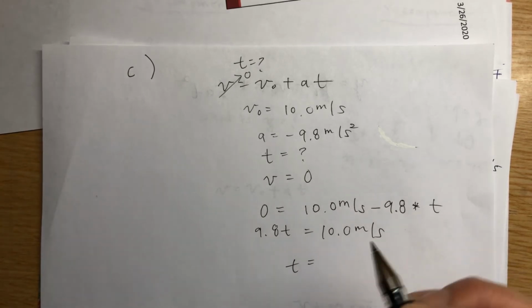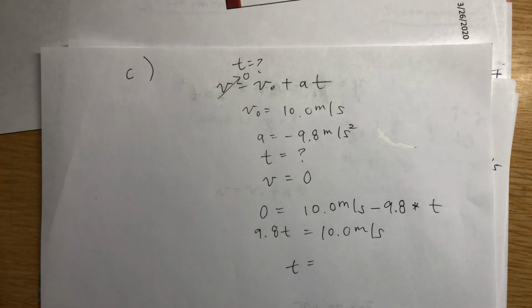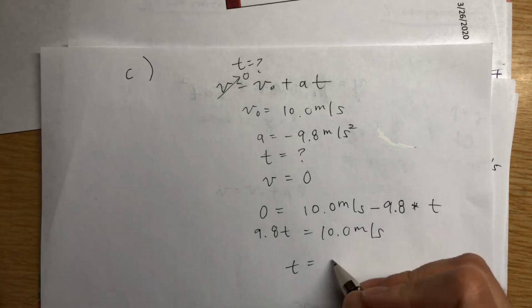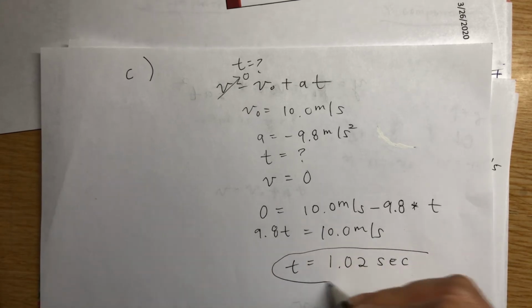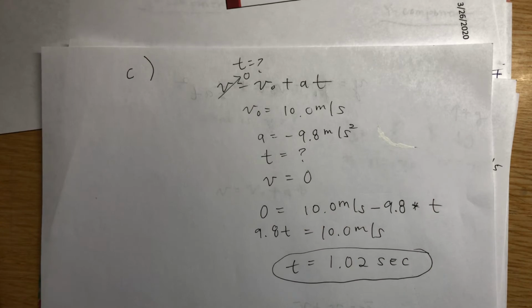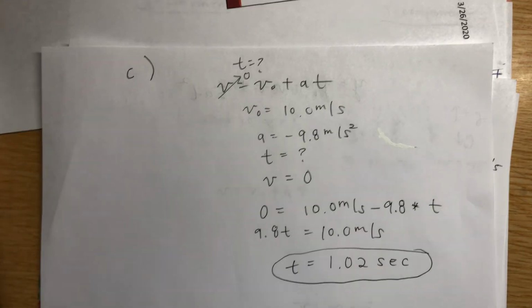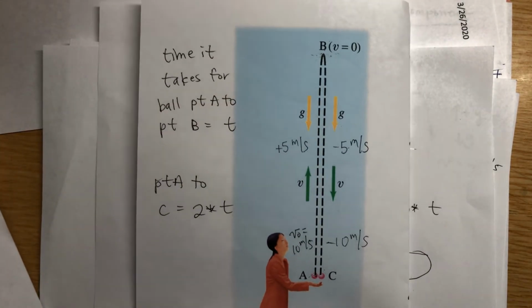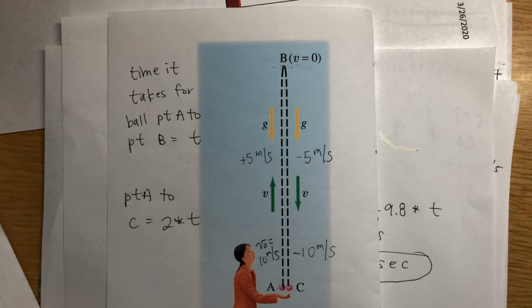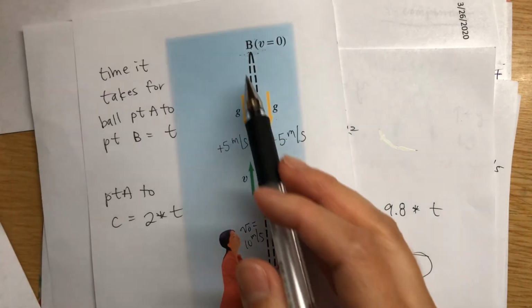T equals 10 divided by 9.8, 1.02 seconds. So it takes 1.02 seconds for the ball to go from point A to point B.